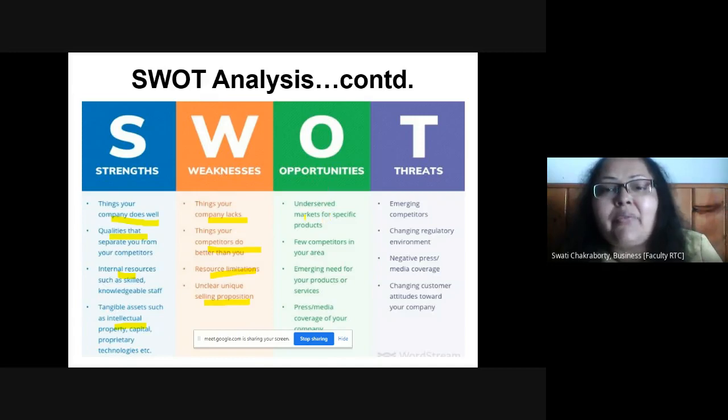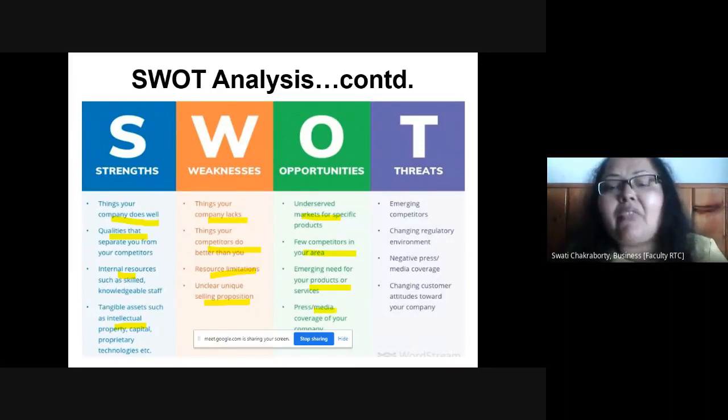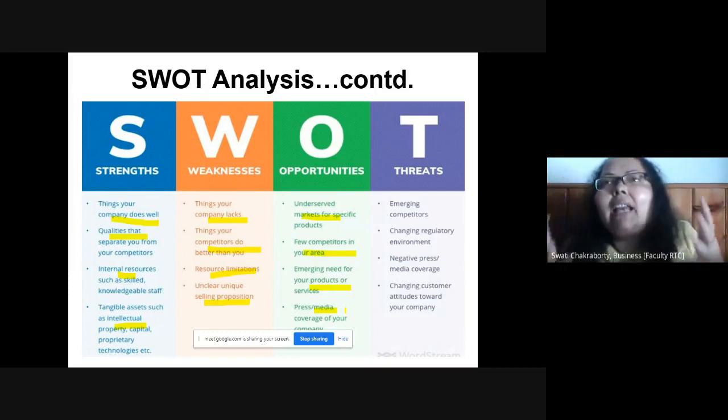Opportunities come up when there are markets that have not been tapped properly, that are underserved. There's a huge market, but the organization has not exploited it. Or when you have few competitors in the area where you're doing business. Sometimes there is a demand for your products and services. Another is the coverage of your company, the highlight that you get from media.